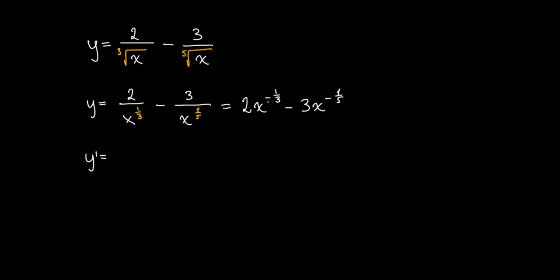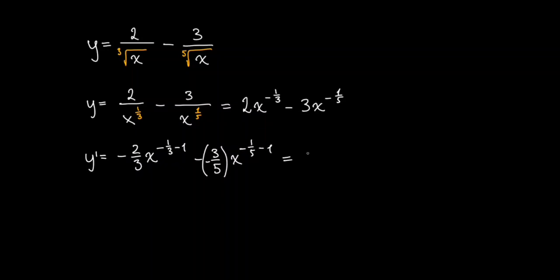So 2x to the power of negative 1 over 3, the power goes in front, and we get negative 2 over 3 times x to the power of negative 1 over 3 minus 1. Following that, we have minus 3 over 5, two negative signs, times x to the power of negative 1 over 5 minus 1.